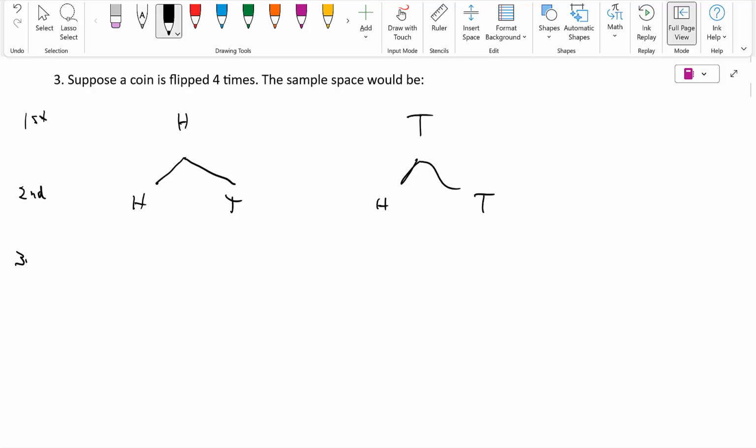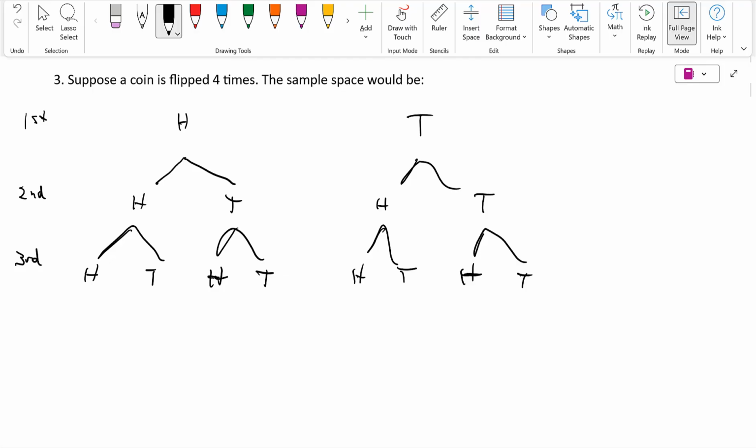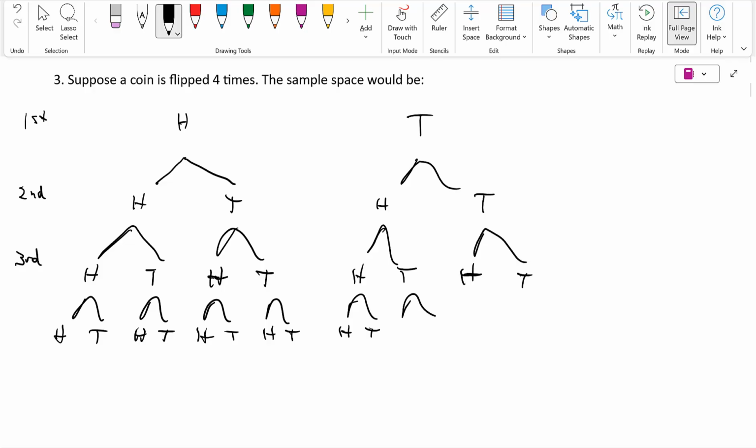On our third flip, we can still get either heads or tails from each of those flips. Right? Nothing we did before is going to affect the third flip of our coin. And if we go one more time, we can go heads or tails down here for our fourth flip as well, no matter what happened before.